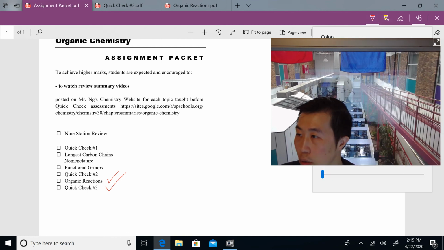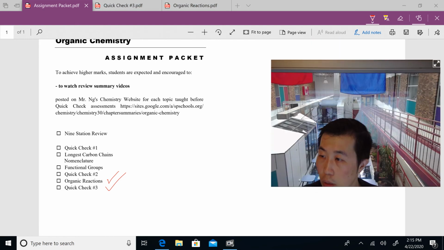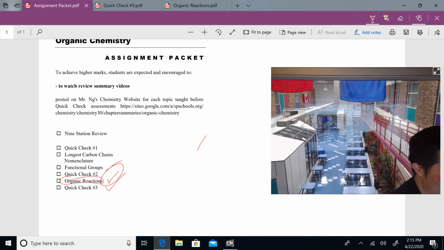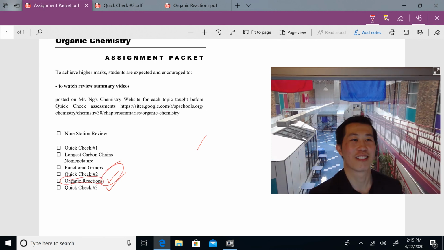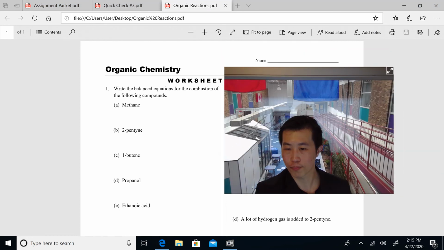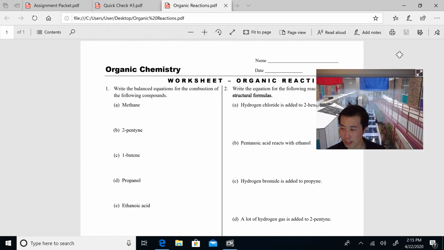And what I'm going to do is we're going to look at the last thing, okay, which is this guy, organic reactions. All right? Now for the organic reactions, what we have is, I'll just shrink this little guy here. Here we go.